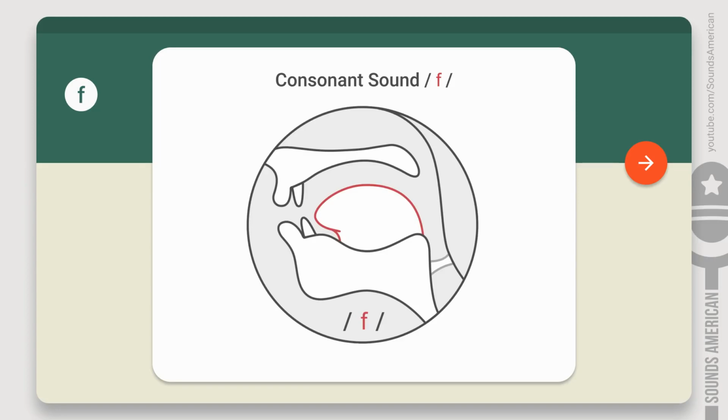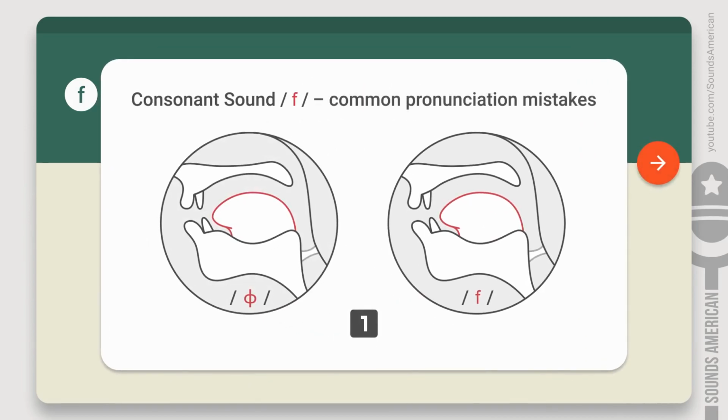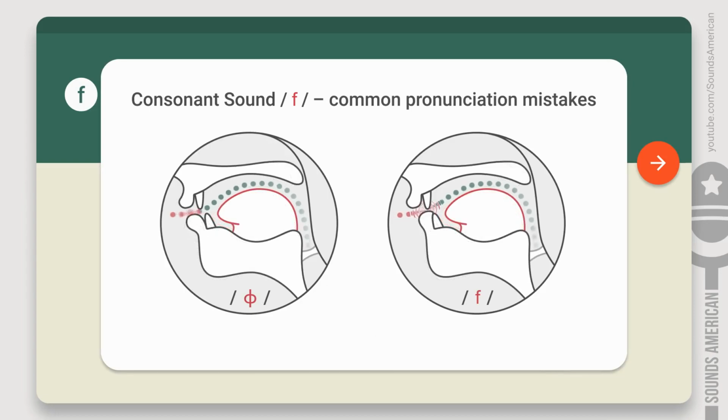Here are a few typical mistakes that people make when pronouncing this sound. Number 1. The most common problem is that many non-native speakers pronounce this sound without enough friction. Why does this happen?